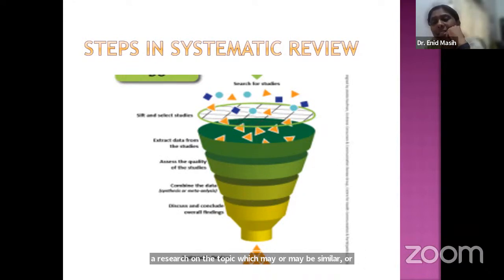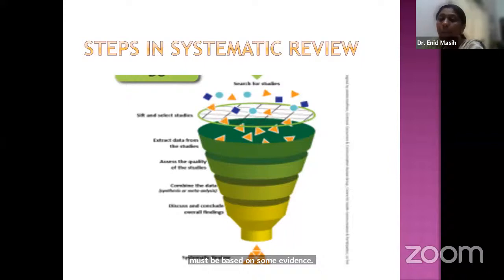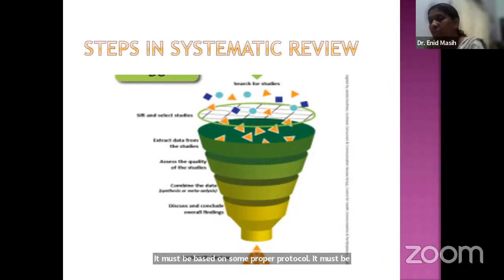So whenever you publish your research, it must be based on some evidence, some proper protocol, some proper techniques or criteria, so that your research can be acceptable in the future.